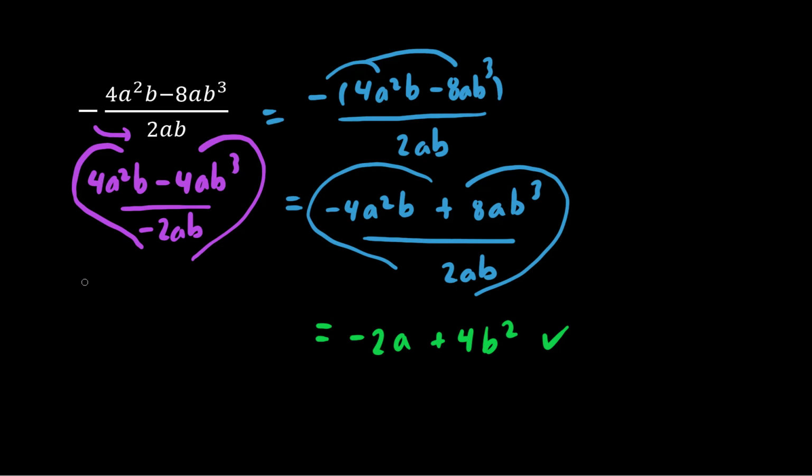What is 4 divided by negative 2? We have negative 2. A squared divided by a is a, and the b's cancel out. And now let's divide this way. Negative 4 divided by negative 2 is positive 2. The a's cancel out, and b cubed divided by b is b squared. We have the same answer.